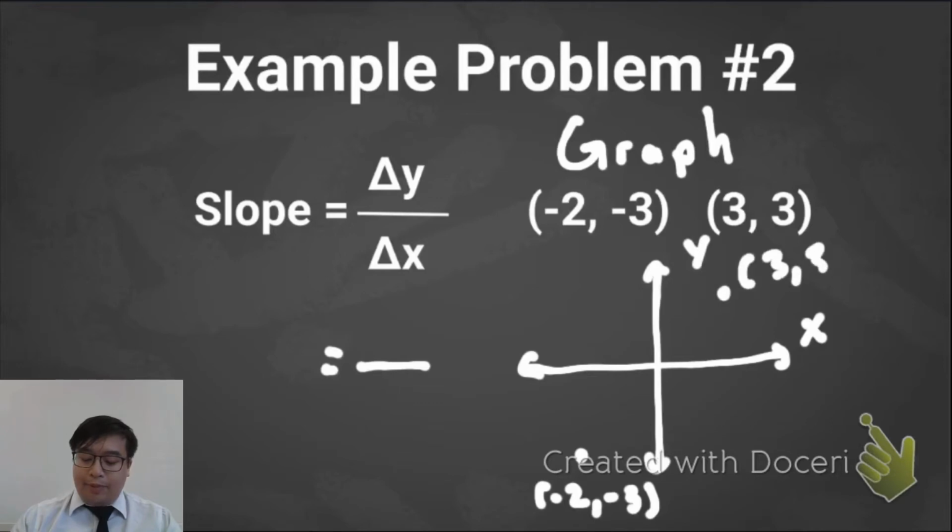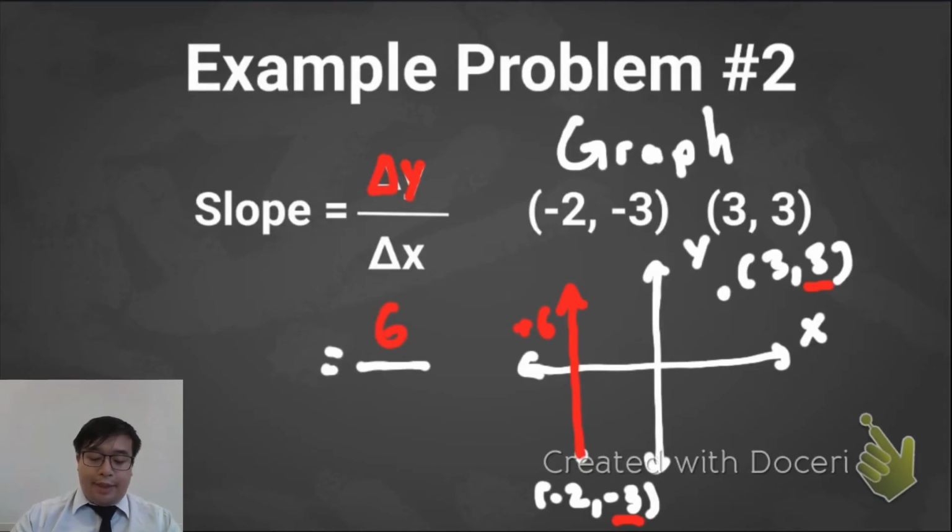3, 3. Now I need to find my change in y. Again, you might have heard the change in y as the rise in my graph. So going from this point and rising up, what would my change in y be? I'm starting at negative 3 and going up to positive 3. That's going to be a change of 6. So plus 6.